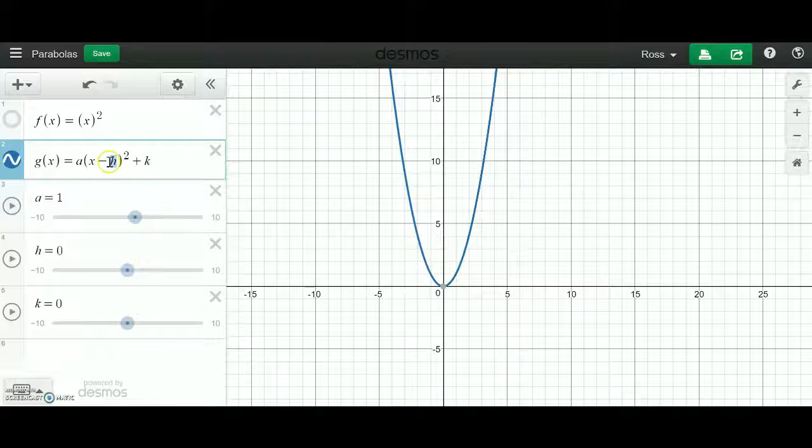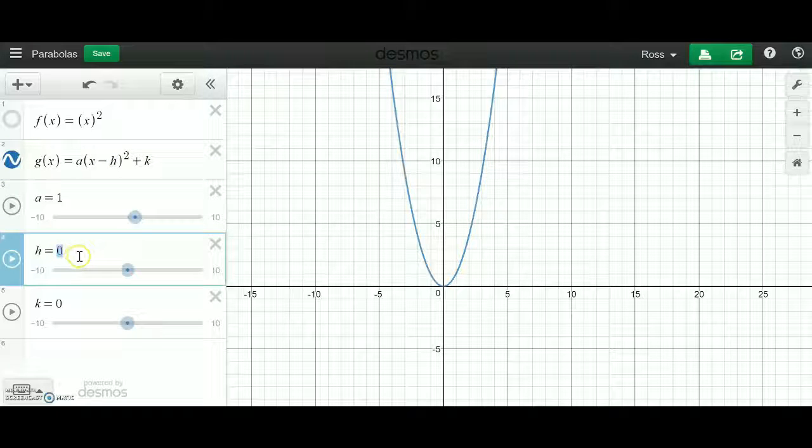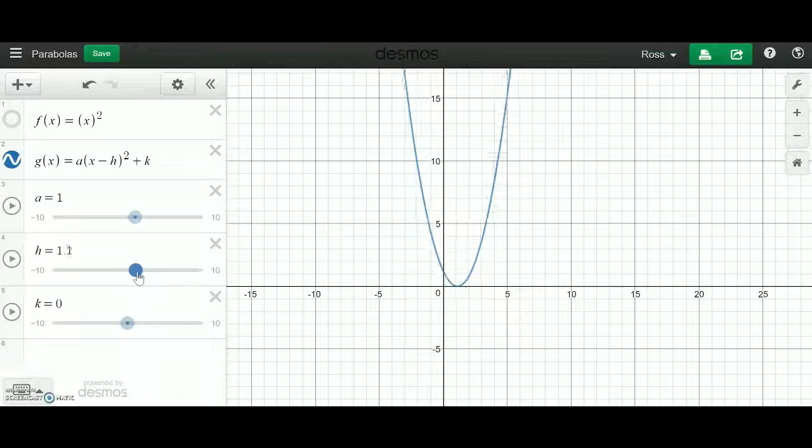Now h, notice that I'm subtracting h here. With k I was adding it, with h I'm subtracting. So if I make h a positive number, in my formula up here I'm actually subtracting 1. Keep that in mind as I play with this slider. So here I'm going to take this over to 1.